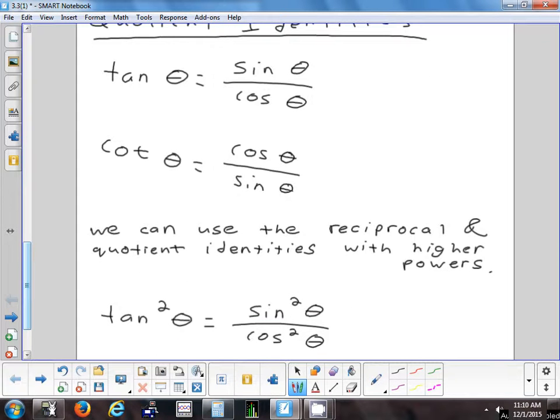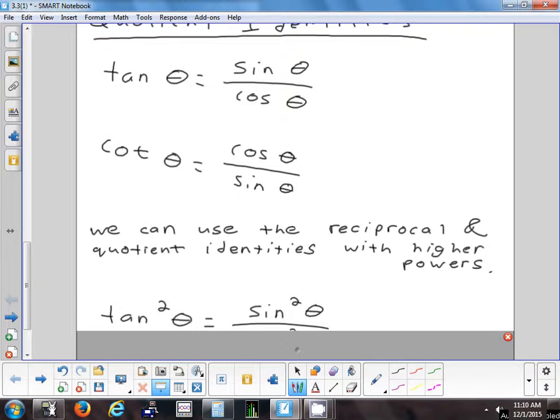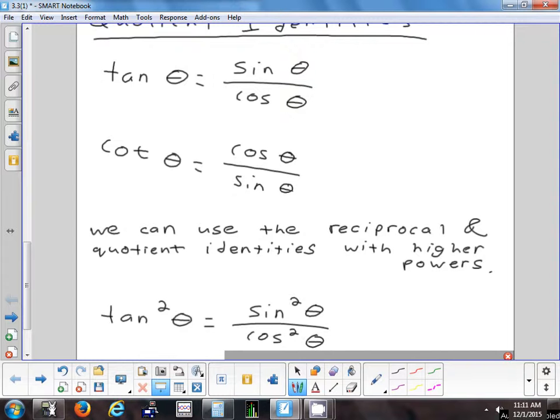Right, we can also use the tangent and reciprocal identities with higher powers. So we said that tangent is sine over cosine. Well, tangent squared would be sine squared over cosine squared. Okay, just basically putting a power of 2 on everything. How about tangent cubed?